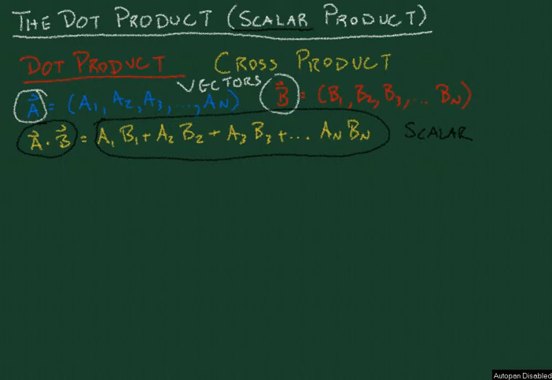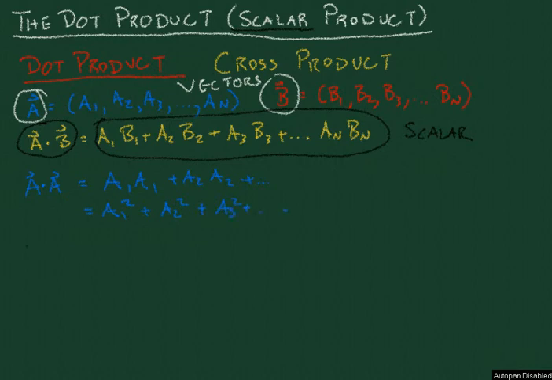So to understand a little bit of what this means physically, let's just imagine we have something like A dot A. So we see that that's A1 A1 plus A2 A2, etc., or that's A1 squared plus A2 squared plus A3 squared.